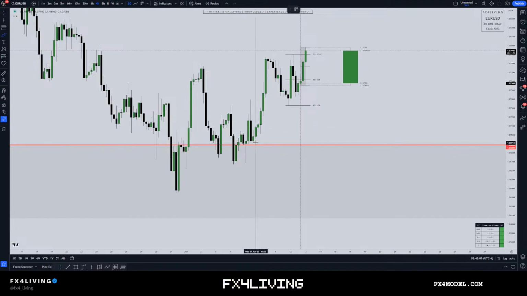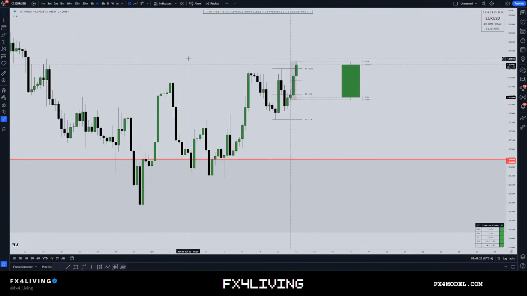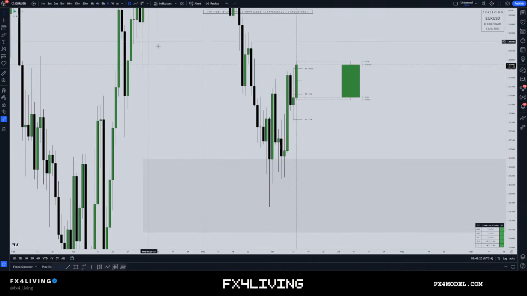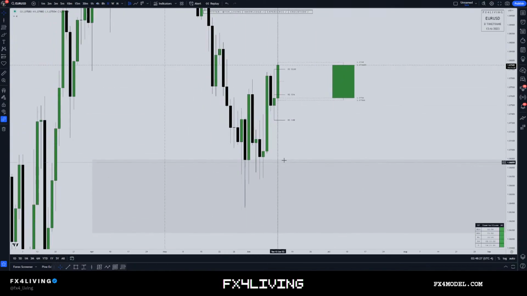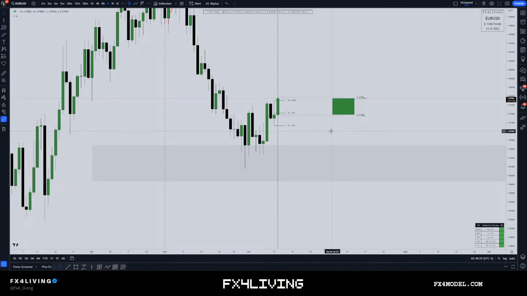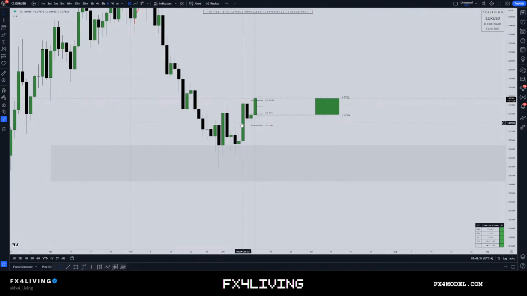So this is a level that we don't care about. All right, on the 4 hour now, we can go on the daily, but the daily shows the same thing, a clear breakout from this level. And actually we retest that level.